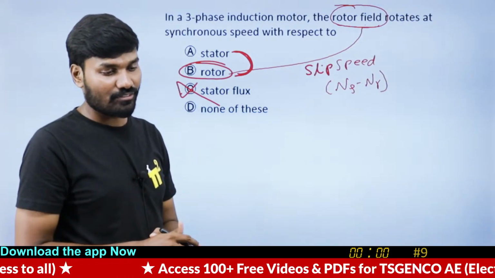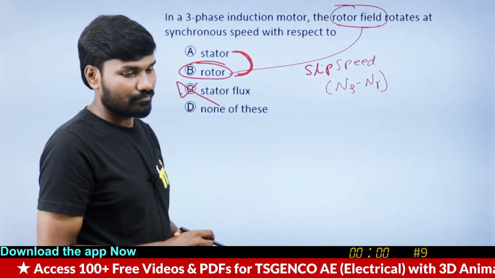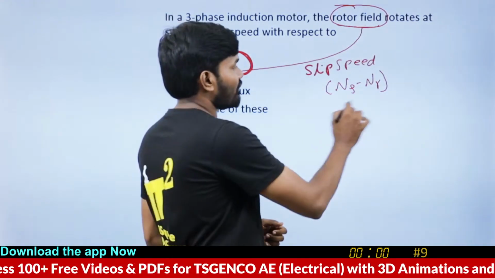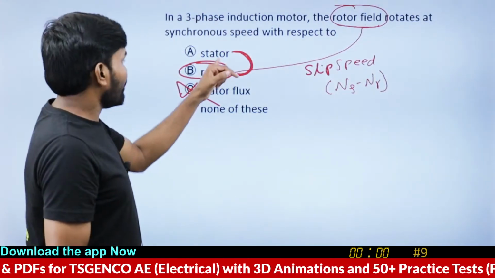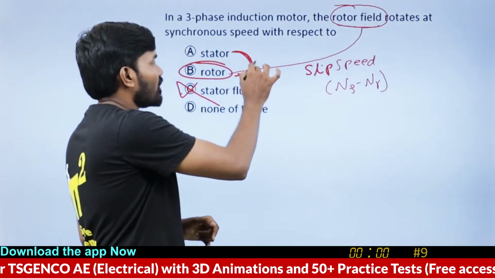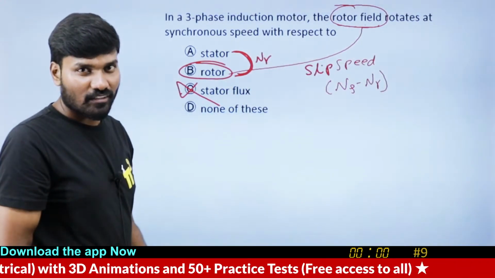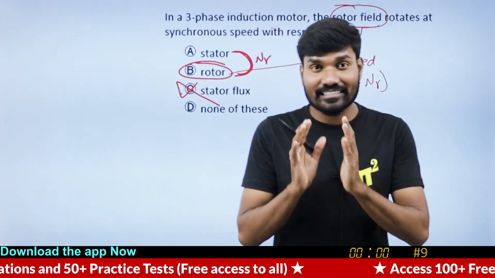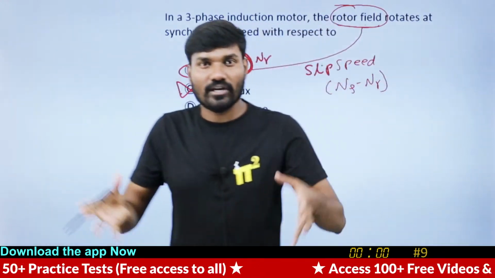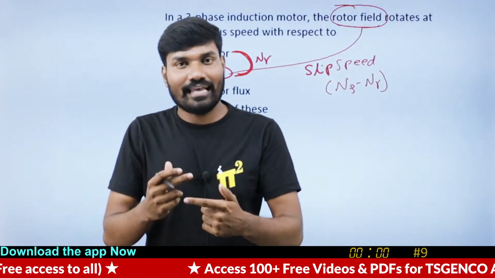There is a difference. Slip is ns minus nr by ns. The relative speed between these two is nr. That's what we call the rotor speed. For the rotor speed, what is the reference? Reference is stator itself, the stationary body itself. With respect to the stationary body, the rotor is rotating at nr speed.